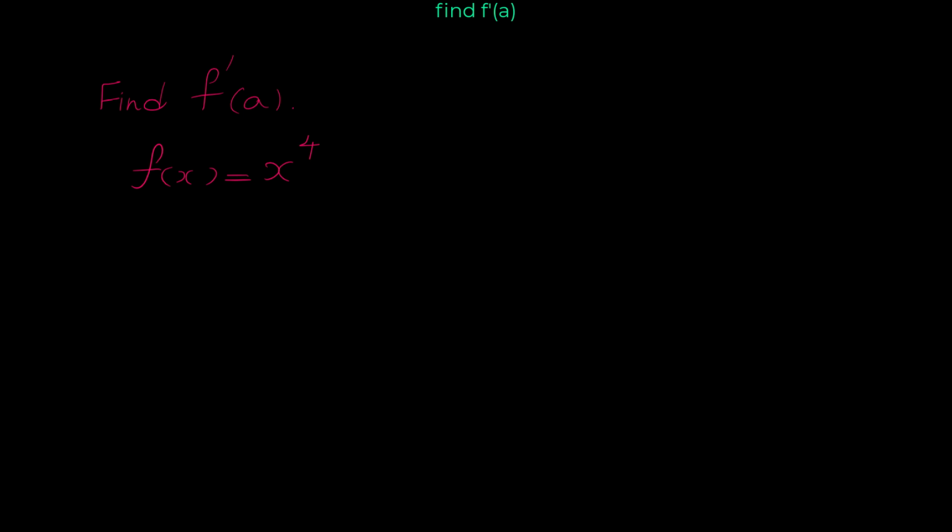First, let me remind you the formulas that we can use for finding f prime of a, or derivative formulas. F prime of a equals the limit of f of x minus f of a over x minus a as x approaches a.